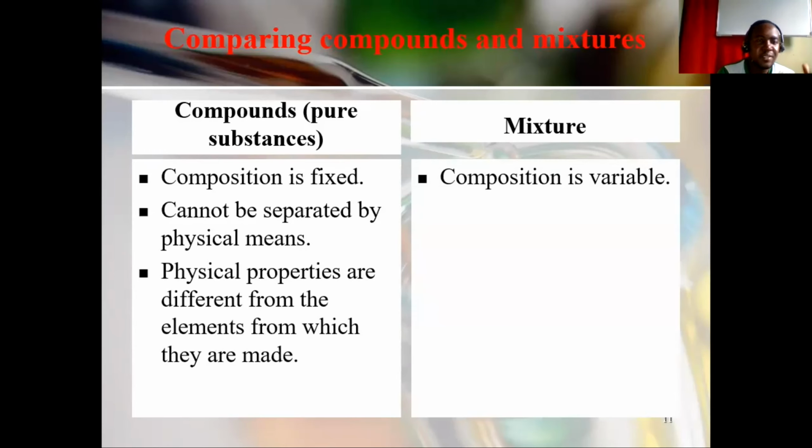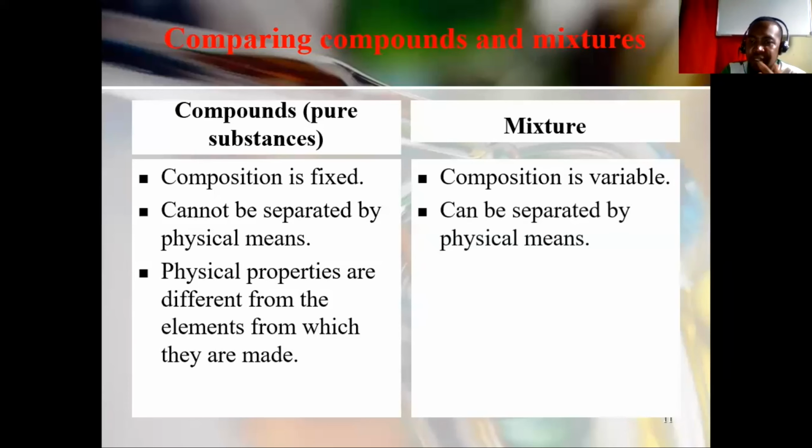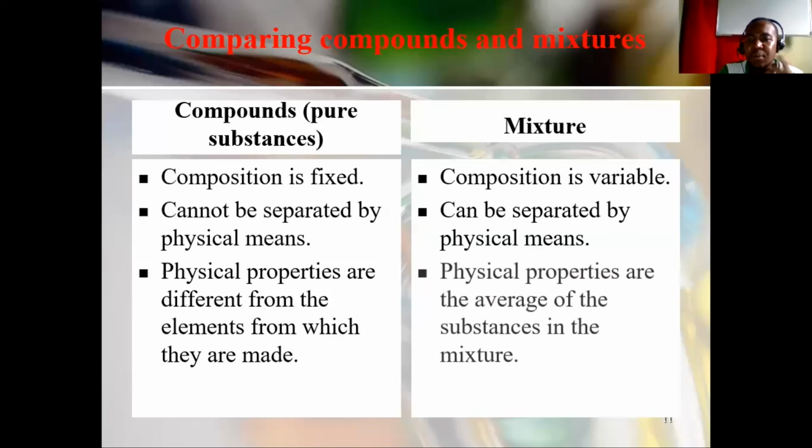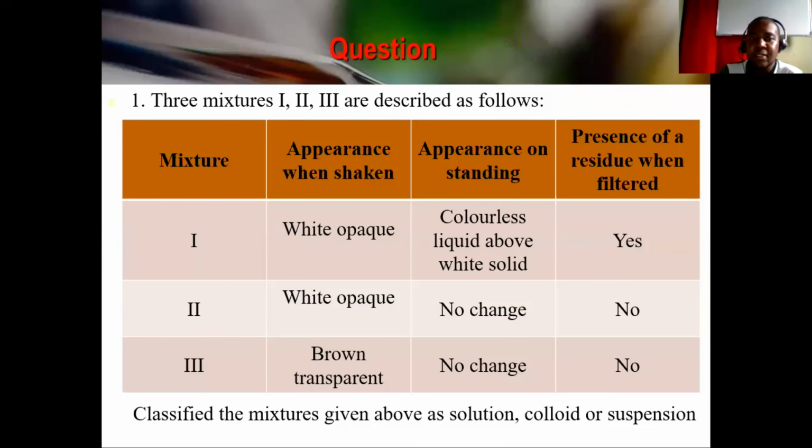Sometimes you want to use this amount of sugar and this amount of water and this amount of fruits, and sometimes you can change it up, but you're still going to make the same mixture, right? Mixtures can be separated by physical means, which are the separating techniques that we're going to look at. The physical properties are the average of the substances in the mixture. So the properties of mixtures are the combination of all the properties of their individual substances.